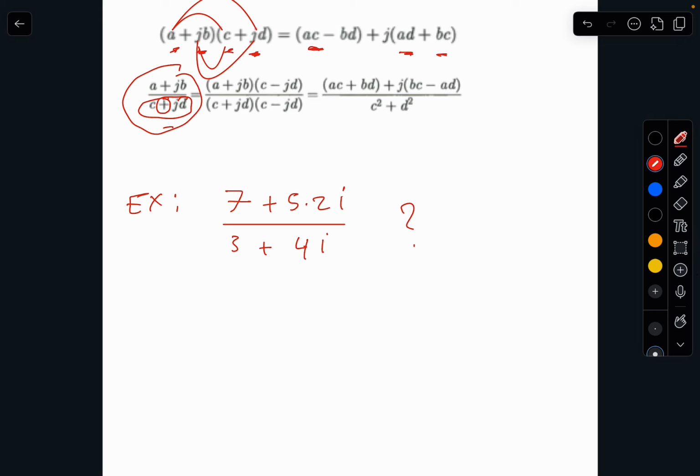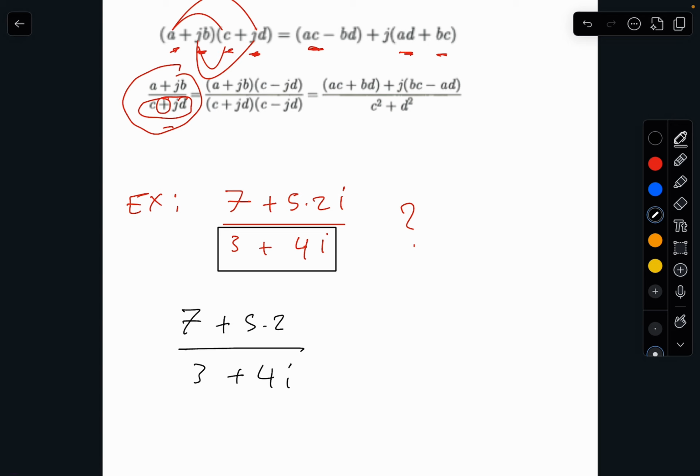7 plus 5.2i divided by 3 plus 4i. So we'll take this guy, and here is the thing, we multiply that by 3 minus 4i divided by 3 minus 4i.